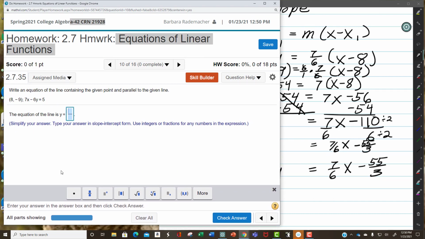There now. 7/6 x minus fraction 55 divided by 3.